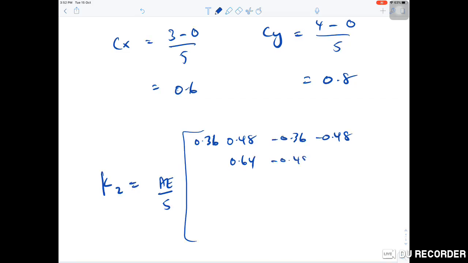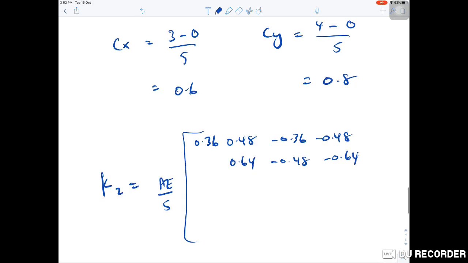Negative 0.48, negative 0.64, then 0.36, 0.48, 0.64.